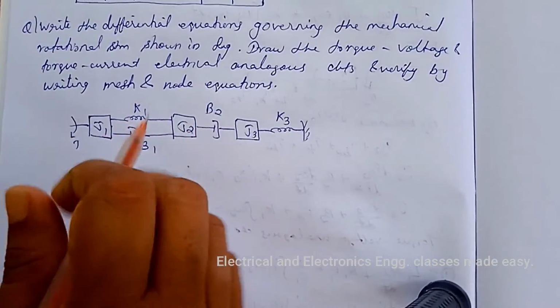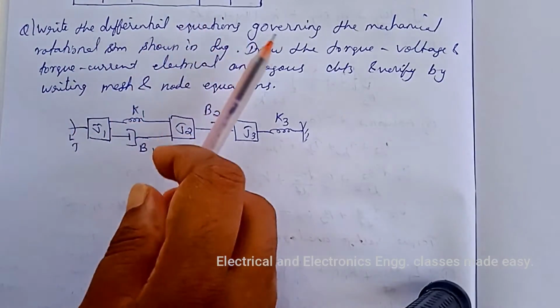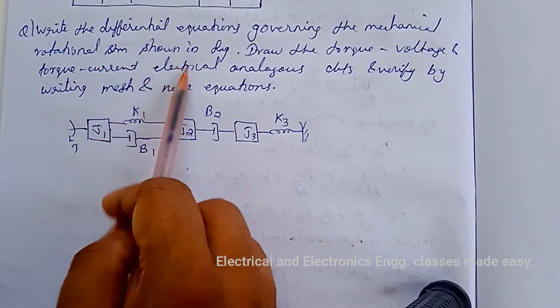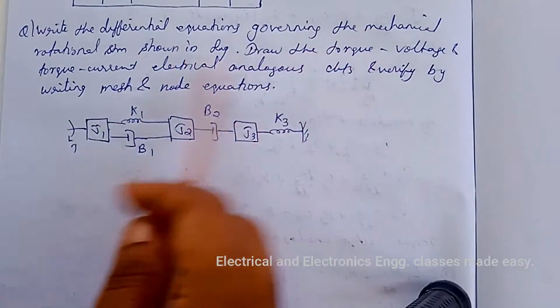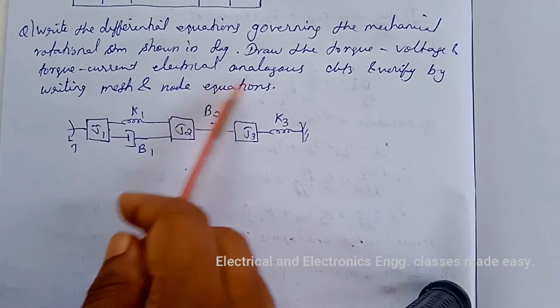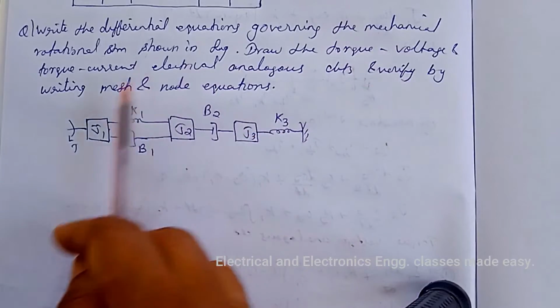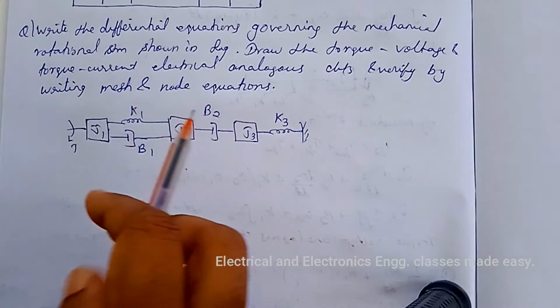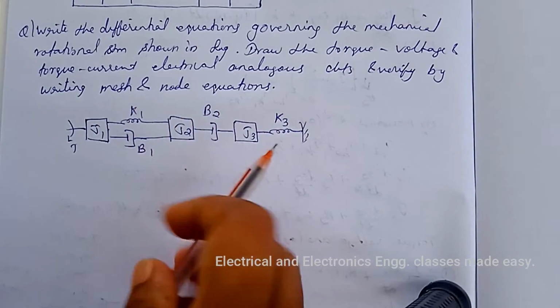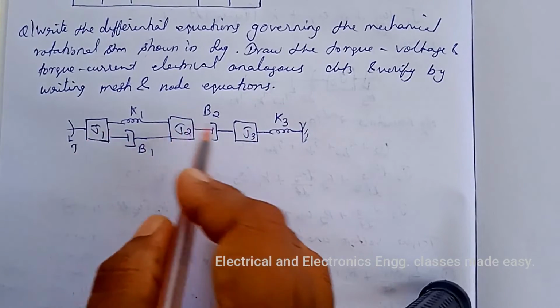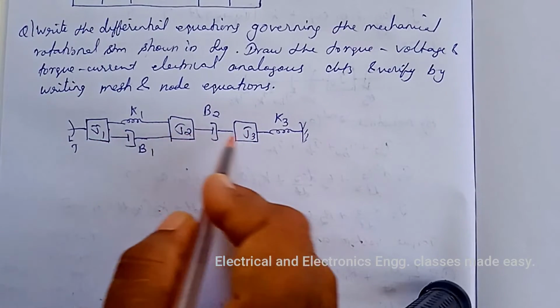Let us do another problem. Write the differential equations governing the mechanical rotation system shown in figure. Draw the torque voltage and torque current electrical analogous circuits and verify by writing mesh and node equations. So this is the given figure. So there will be three nodes, that is J1, J2 and J3.